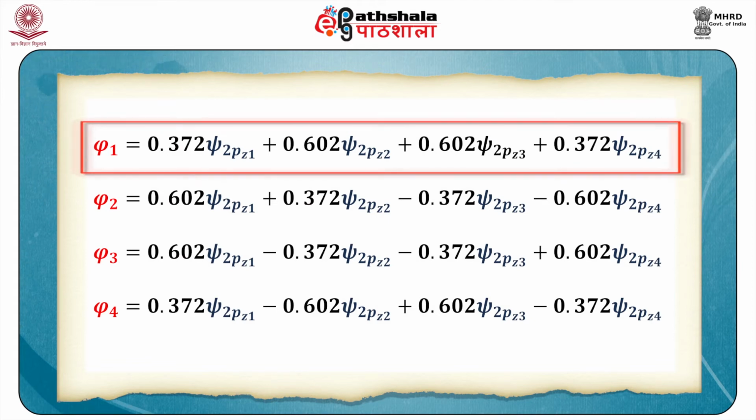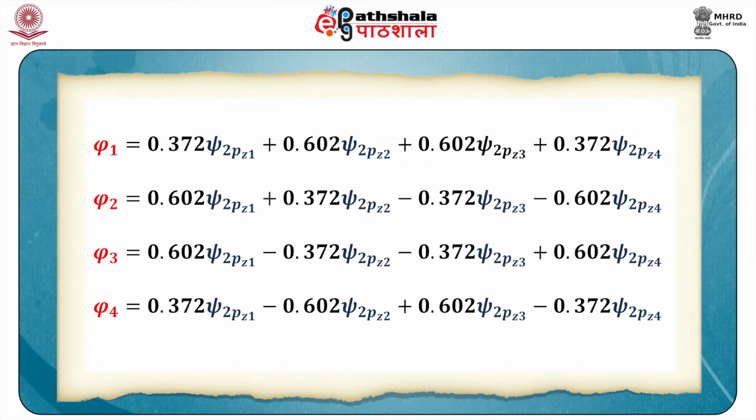Phi1 will be equal to 0.372 psi 2pz1 plus 0.602 psi 2pz2 plus 0.602 psi 2pz3 plus 0.372 psi 2pz4. So this represents the wave function of the bonding molecular orbital whose energy was alpha plus 1.61 beta.